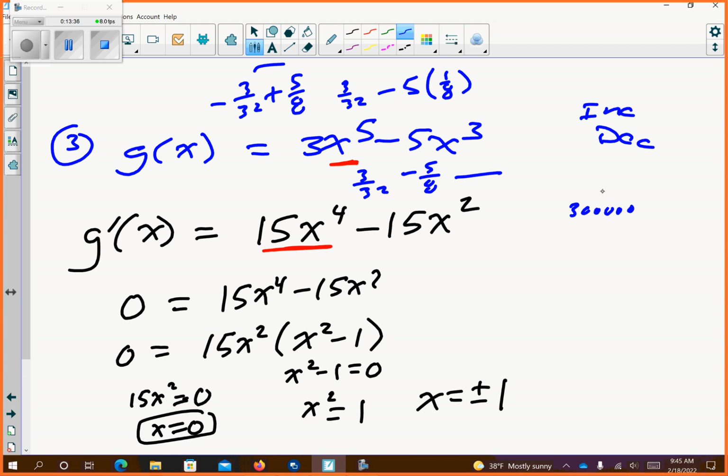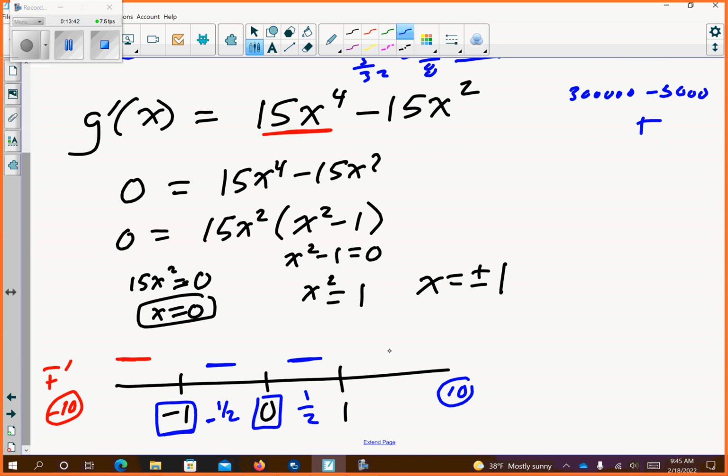Minus 10 to the 3rd, 1,000, minus 5,000, that's positive. So that would give me a positive number. Okay, what can you tell me about 1? It's a minimum. So I go from a negative to a positive slope like that. Thank you. And that's going to be a minimum value. So this is a min.